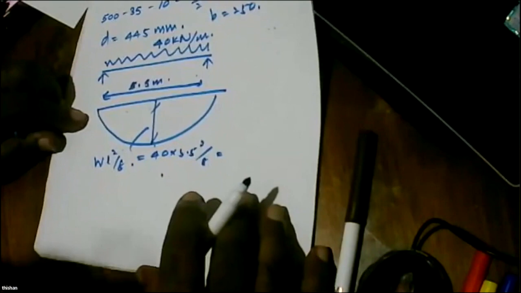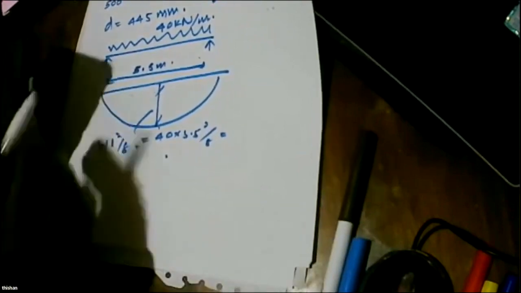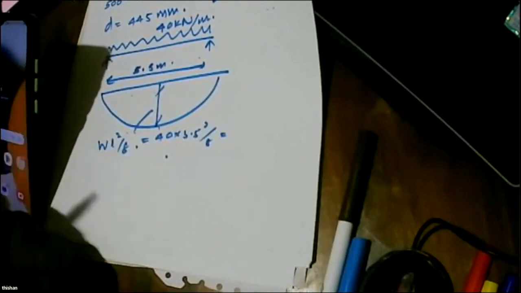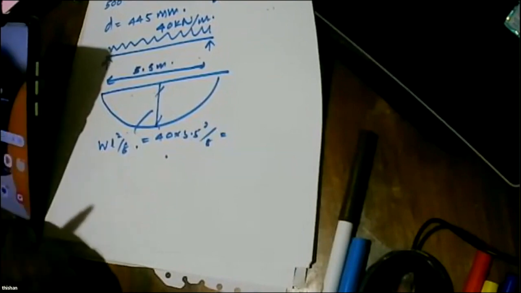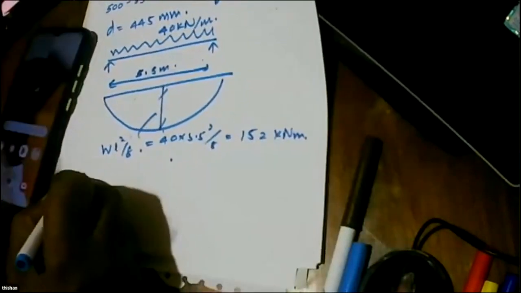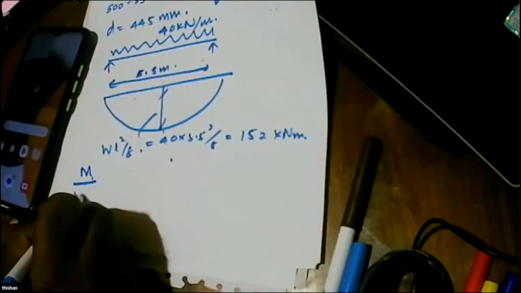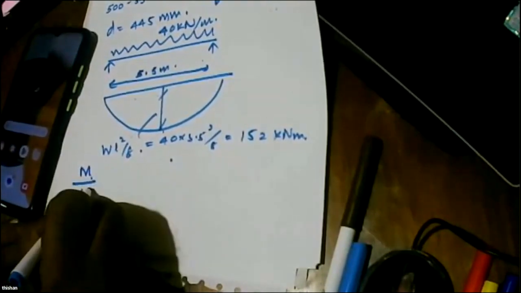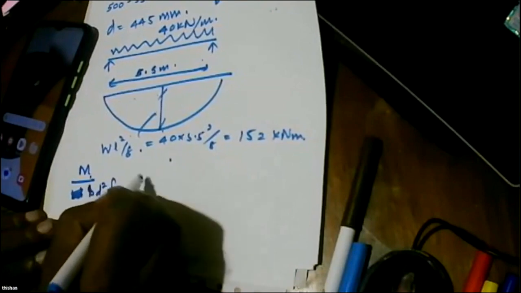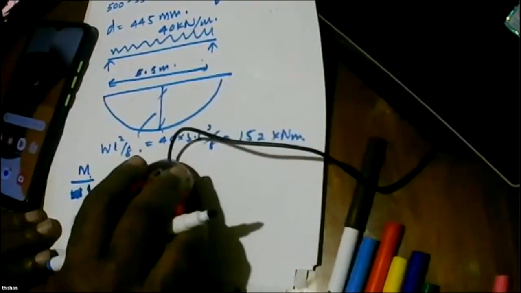Can somebody tell me what's the answer? 151.25, let's say 152 kilonewton meters. So we can find M over b d squared fck. Just one moment.